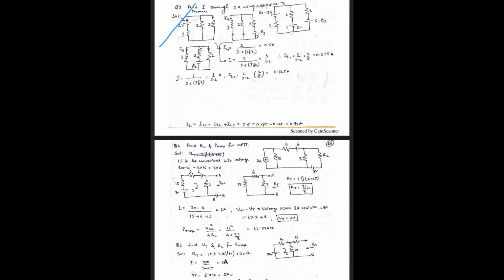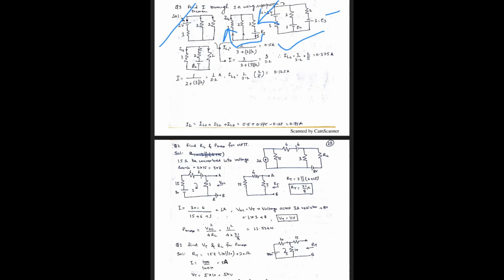Okay, so 0.5, and then we have taken this circuit, and in this circuit also the current is flowing up, or you can say towards the resistance.